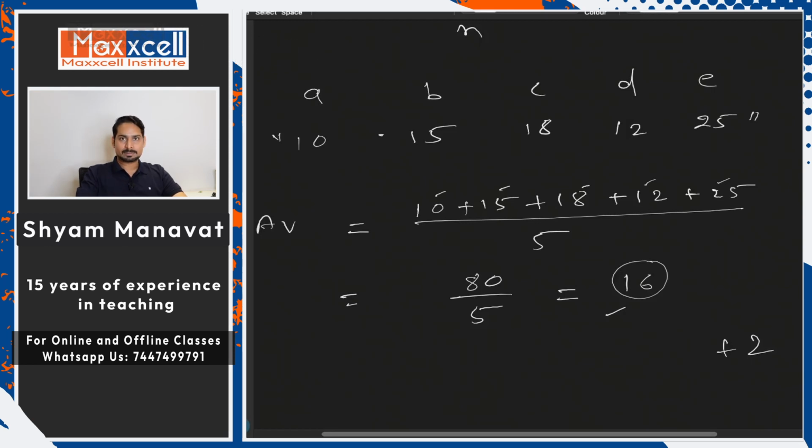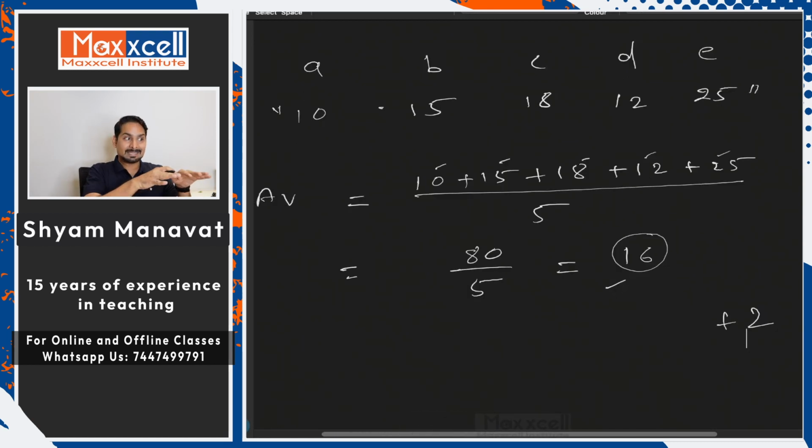Why is it happening? What is average? Equal distribution. So this person should get the number of chocolates which should be more than the chocolates which these guys have. Think about it.